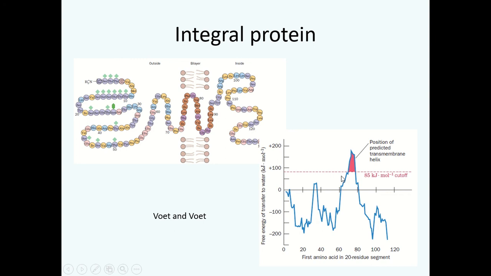So based upon the computational programs, we define a cutoff value. Those regions of the protein which have a higher free energy of transfer than this threshold are attributed to be the membrane embedded regions of the protein. So amino acid number 73 is going to be the first amino acid of this window which is embedded in the membrane.